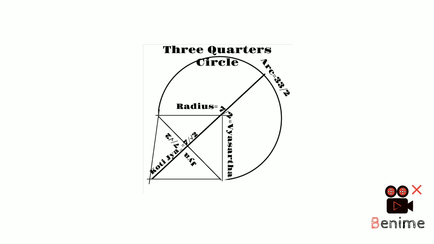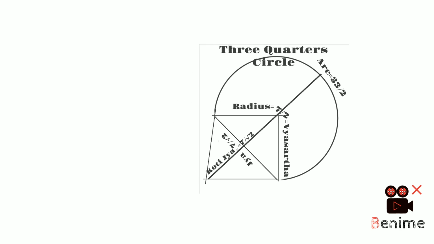That circle will have 11 plus 11 by 2, right? So 11 plus 11 by 2 is 33 by 2. So the ja will be 7 by root 2, I think. Koti ja will also be same, and of course the radius naturally will be 7 by 2 as usual, or ardha vyasa. You call radius vyasardha or ardha vyasa.